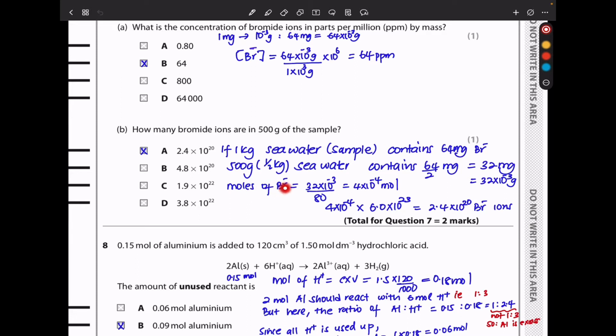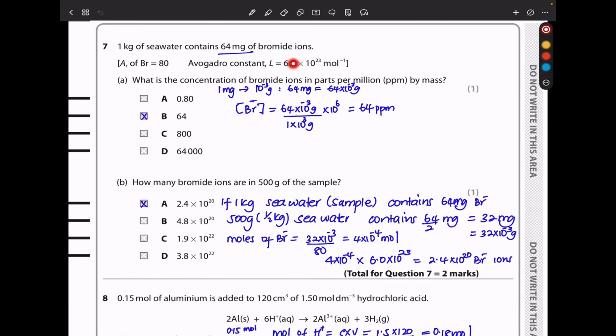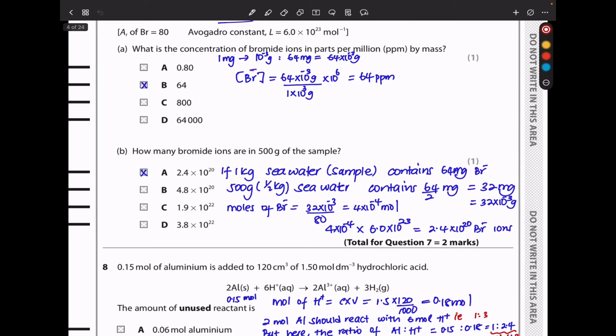So the moles of bromide are the mass of bromide divided by the AR, which is 80, giving us 4 times 10 power negative 4 mole. Multiplying that with Avogadro's constant, 4 times 10 power negative 4 times 6.0 times 10 power 23, remember here they gave us 6.0. So I got 2.4 times 10 power 20 bromide ions, and A was my answer.